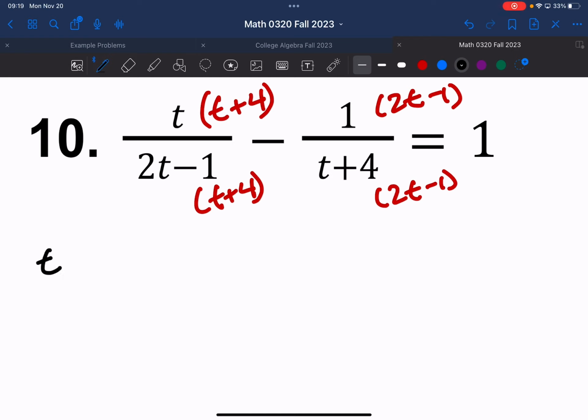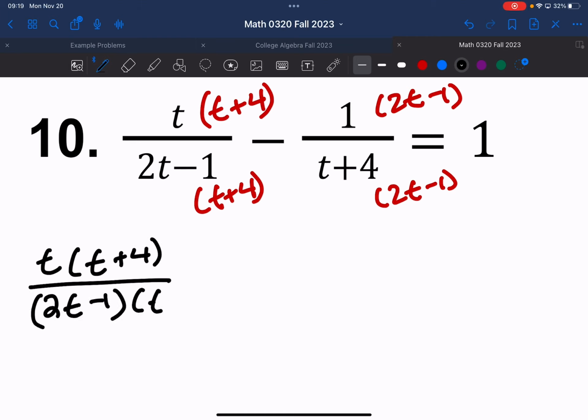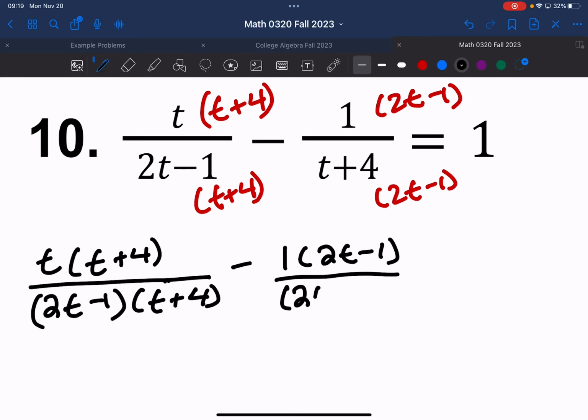So I have t times t plus 4 over 2t minus 1 times t plus 4, minus 1 times 2t minus 1, over our common denominator of 2t minus 1 t plus 4. And that is all equal to 1.